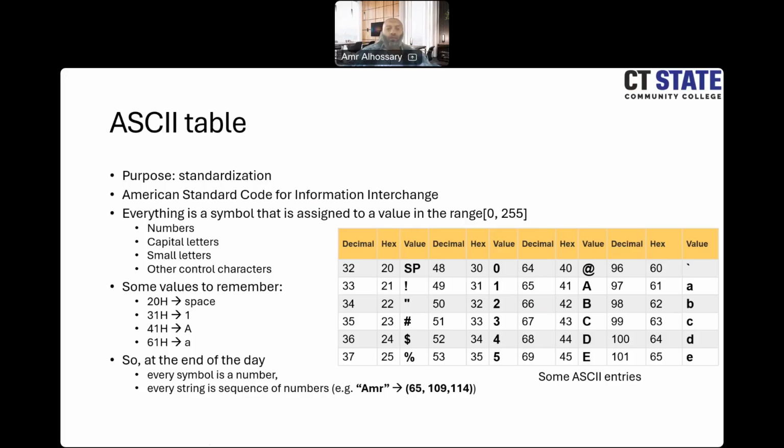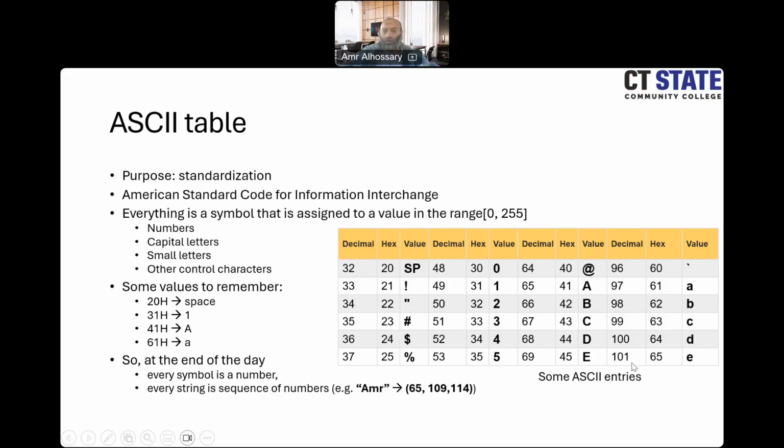So at the end of the day, every symbol is a number. Every symbol is represented by a number. And so every string of name or whatever is a sequence of numbers. So, for example, the name Amr, which is my name, is a sequence of numbers 65, 109, 114. 65 is capital A, which is 41 hexadecimal, and then small m and r are down here somewhere in the table I didn't show.